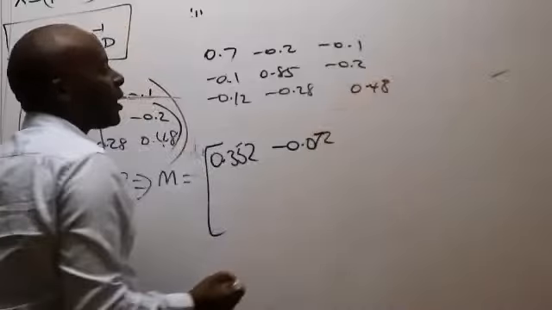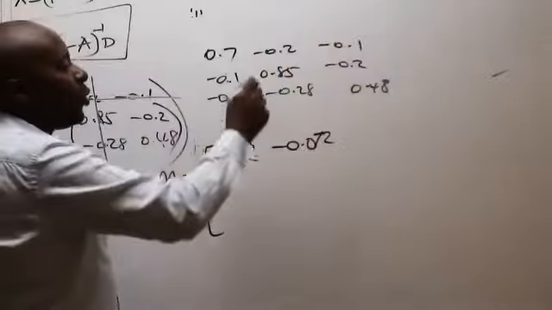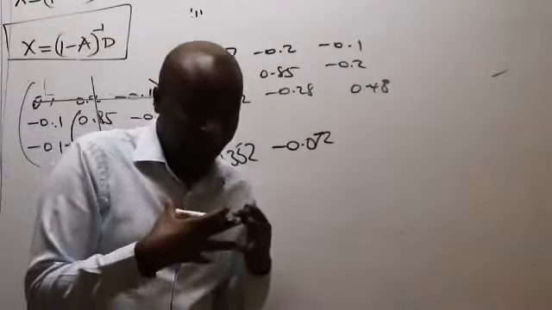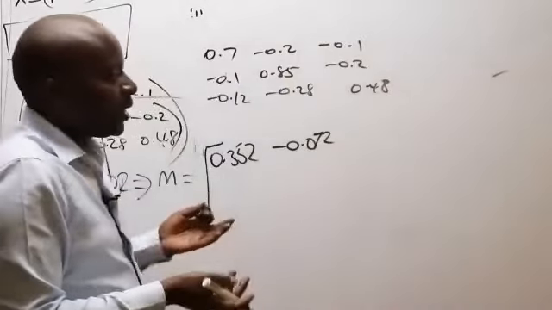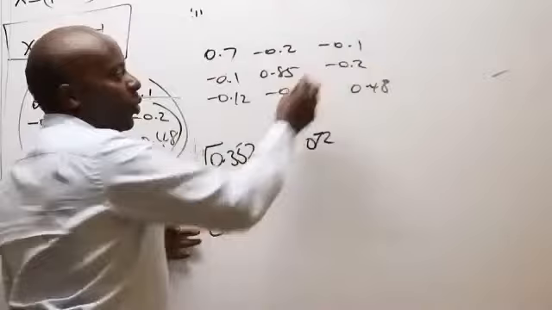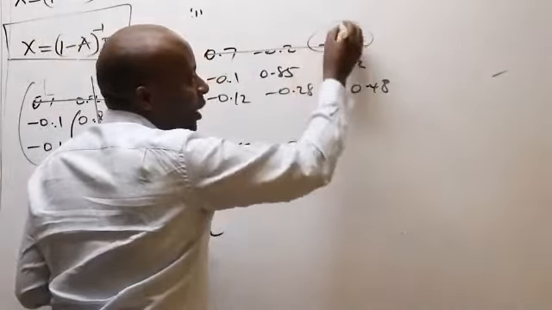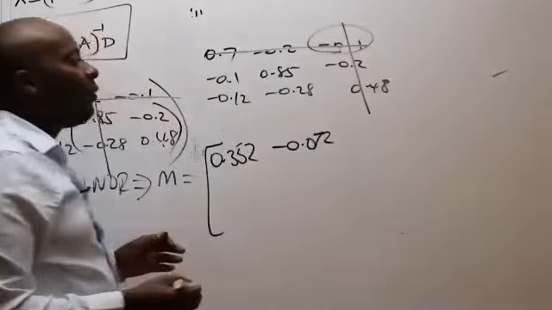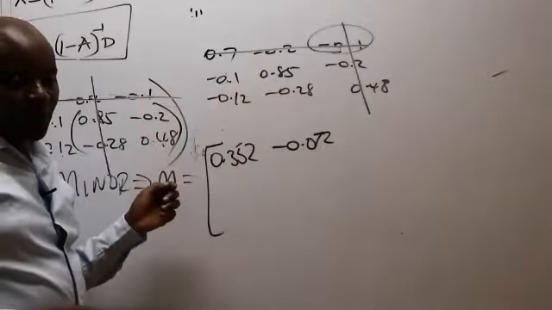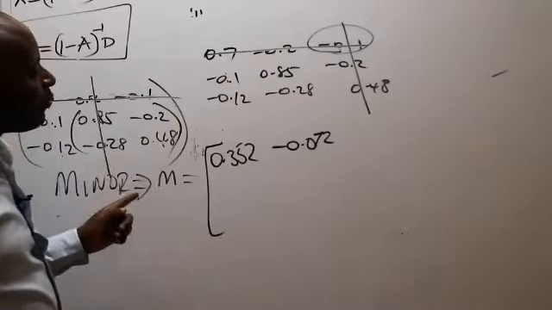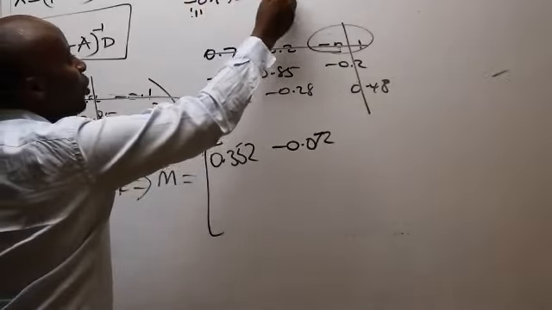If they want us to give them the minor of this element, what I will do is hide it. You hide it row-wise and column-wise, and then you'll be able to see the submatrix. The submatrix left uncovered here is minus 0.1 times minus 0.28.